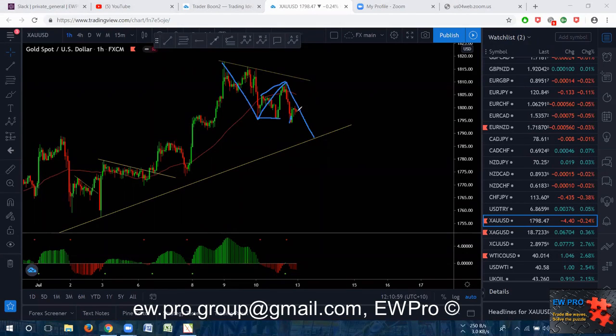So if you get a little flag in here, you can look for that sell, and it'd be worth taking the sell if you do get a sell setup, because it may just bounce off this trend line here and go up and break this trend line, which more than likely will happen. But there is the odd chance that this will break through, give another larger correction or flag, and then keep on going because we're at such a high.